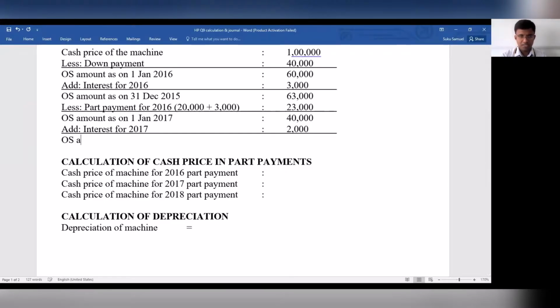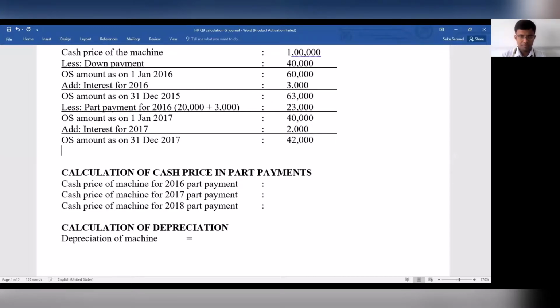From this, let us calculate the outstanding amount as on 31st December 2017. This works out to be 42,000. Now from this, let us subtract the part payment for 2017: 20,000 plus 2,000, which works out to be 22,000.